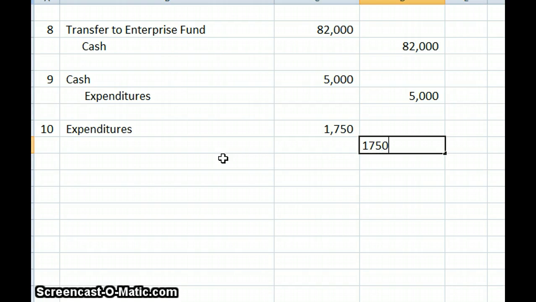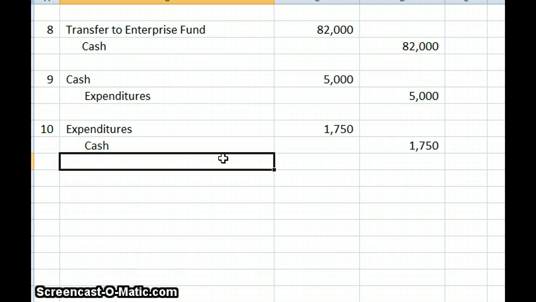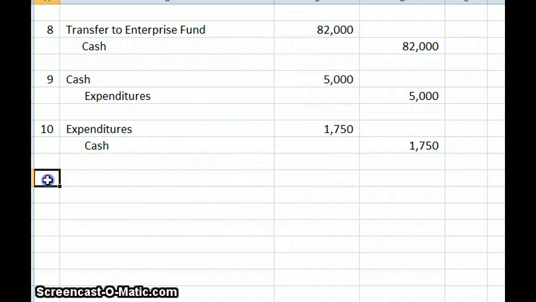We're going to have a credit for $1,750, and that credit is going to be cash. Okay, and that's basically recording a payment to our internal service fund for services rendered. So really handled just like a normal transaction there. It will not obviously affect our general capital asset or long-term liability fund.